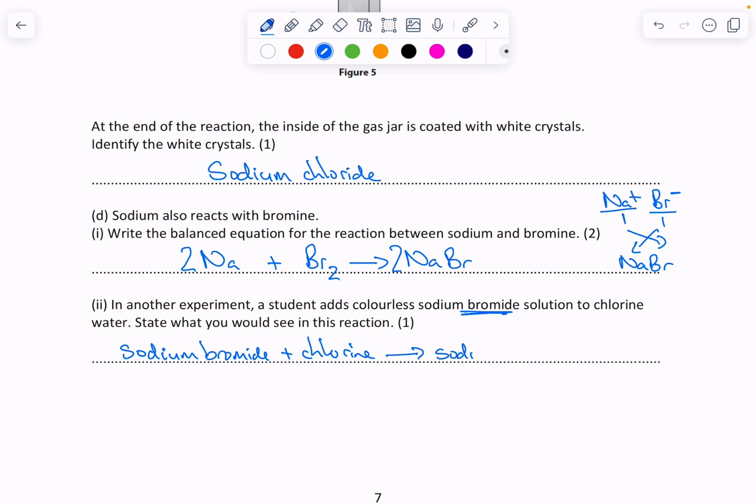I know it's almost an equation, but this will hopefully help. Sodium chloride plus the bromine has been displaced, pushed out, and this bromine colour here is an orange coloured solution. So that's going to be your answer. You get an orange coloured solution forming.